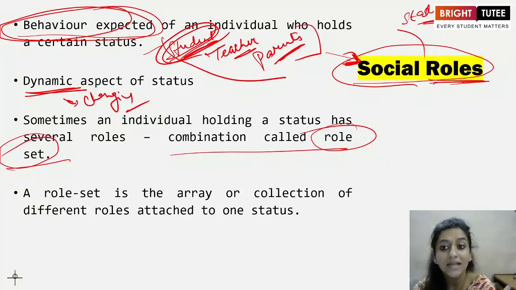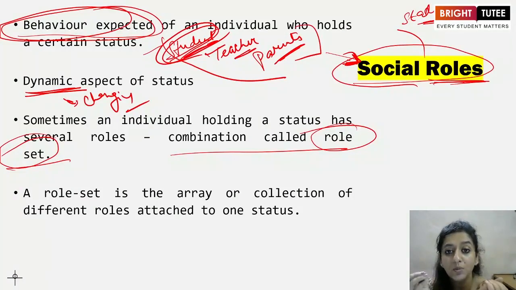So it again has a social role of being a student involved. That is wherein you as an individual are holding several statuses, and you are performing as per those in the form of the roles that you have. The combination of all of those is known as the role set.